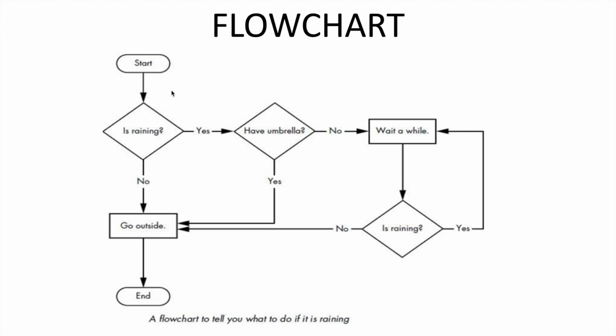Every flowchart has a start symbol and an end symbol. The start symbol is represented by a rounded oval, and the end symbol is also represented by a rounded oval. The conditions are represented in a rhombus. Next, instructions are represented in a rectangular box. In this way, to write a flowchart we need certain symbols.